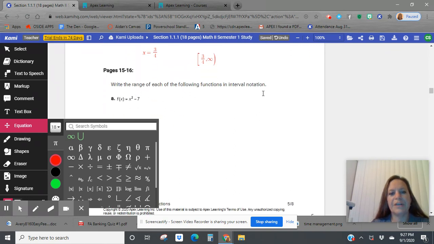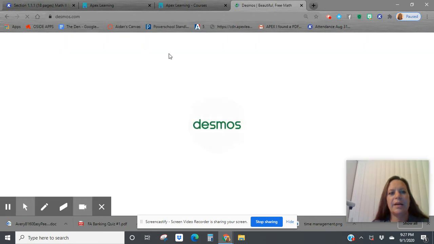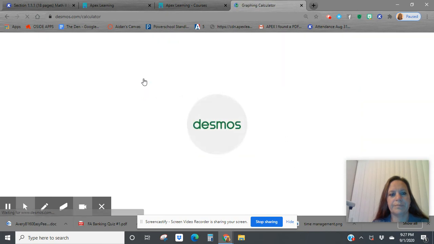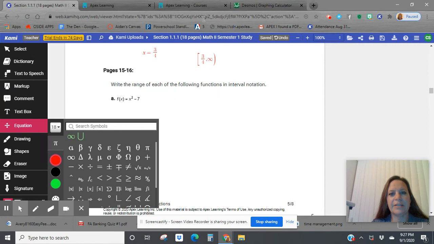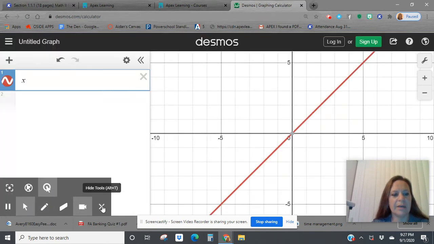Write the range of each of the following functions in interval notation. So if you took this function and you went over to desmos.com and typed in x squared minus 7, we haven't been exposed to these graphs yet, so let's go take a quick peek at what this is going to look like.